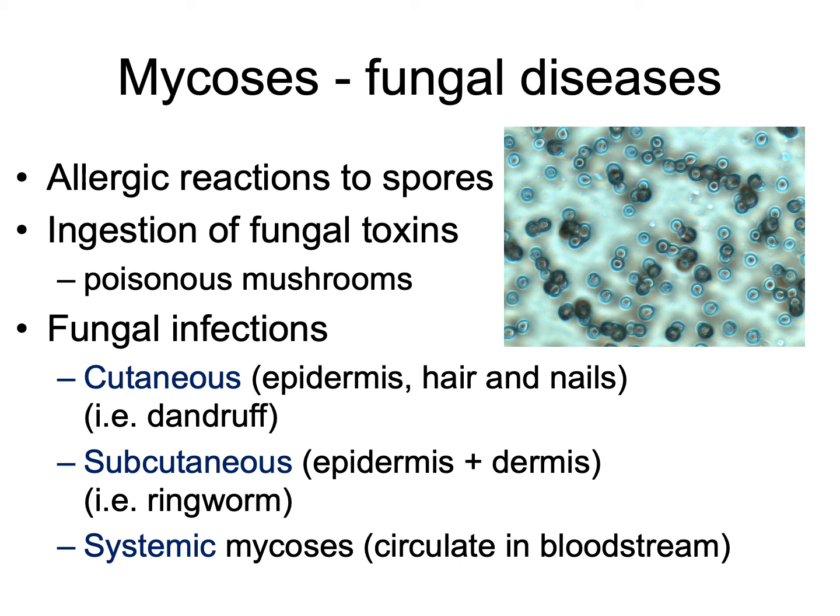Oftentimes, when we're thinking about fungal infections going systemic, it means that you've had an infection of the skin, you scratched it, it's bled, and it's created a portal of entry for that fungus to get in and get to your bloodstream and circulate throughout your body.